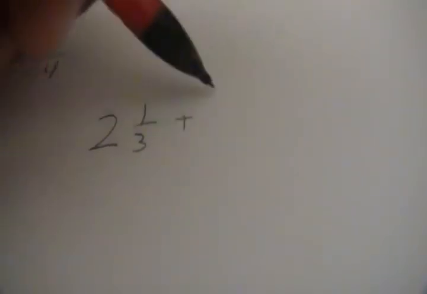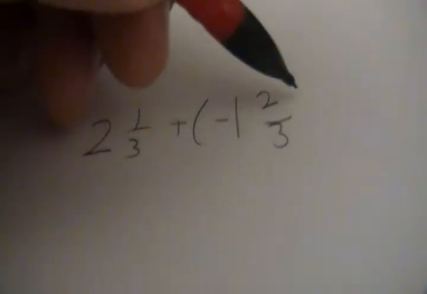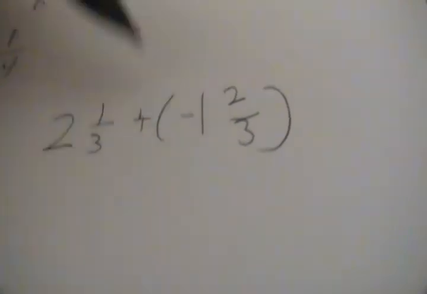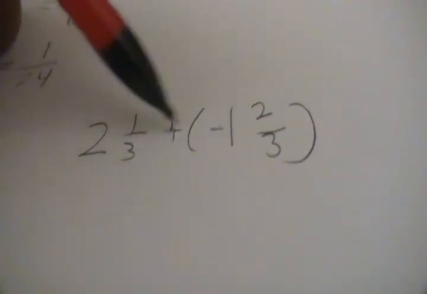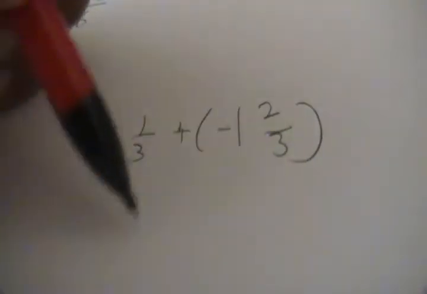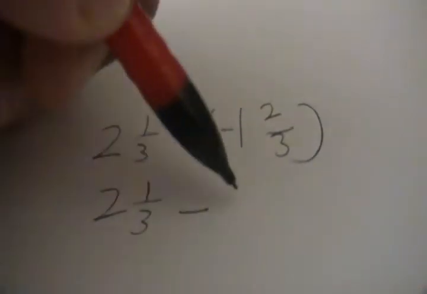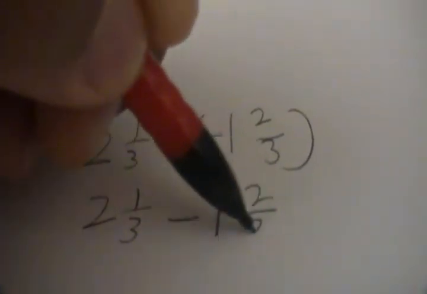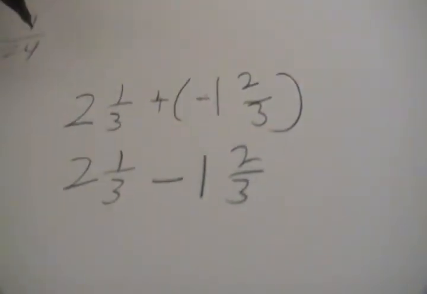We have 2 and 1/3 plus a negative 1 and 2/3. Okay. So let's multiply the signs out. So it becomes 2 and 1/3 minus 1 and 2/3. Okay, so we're subtracting 2 numbers.